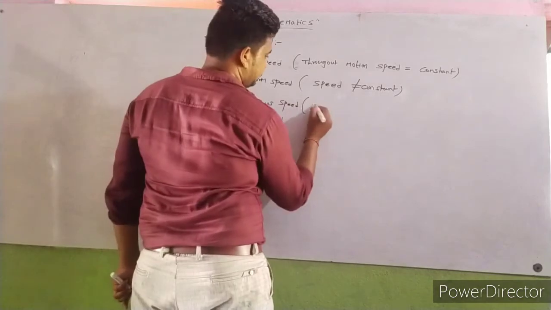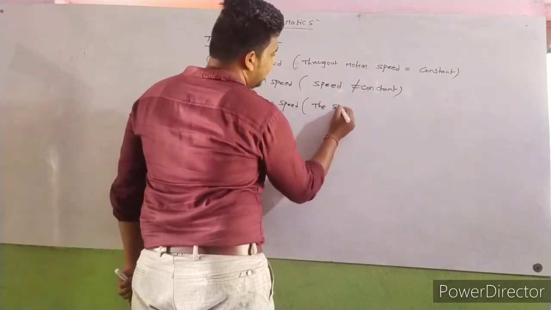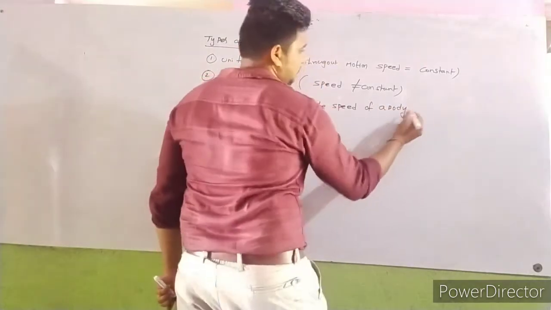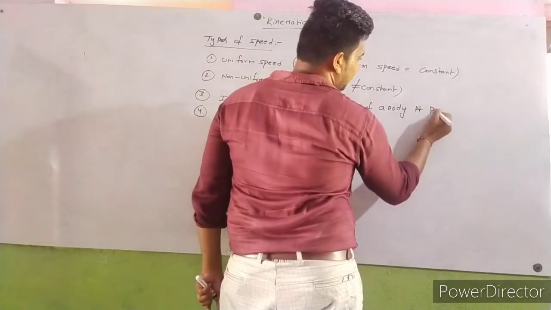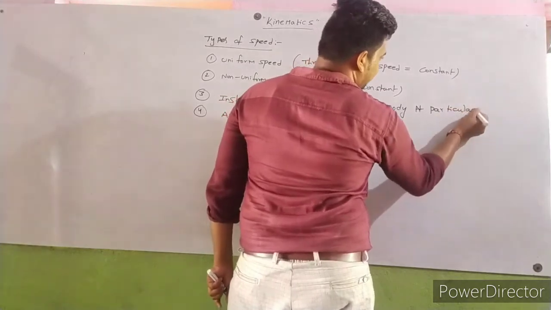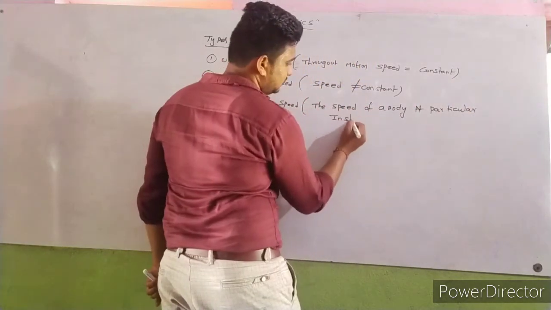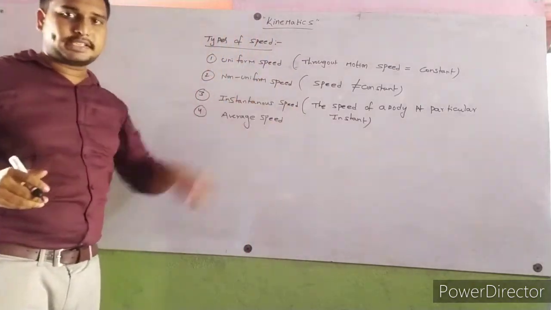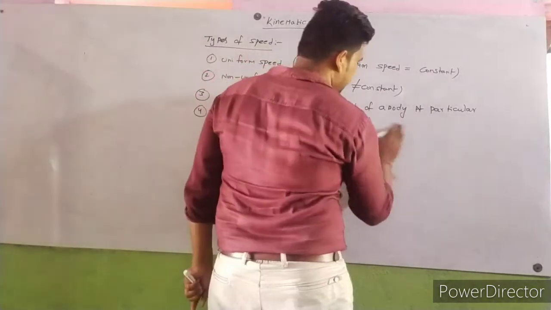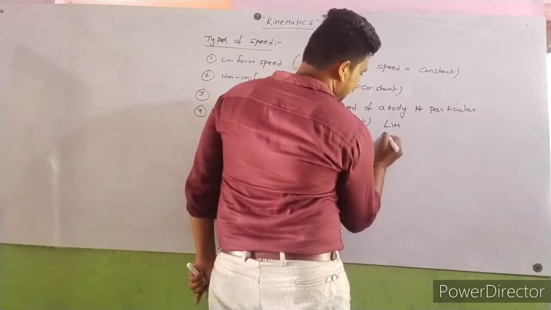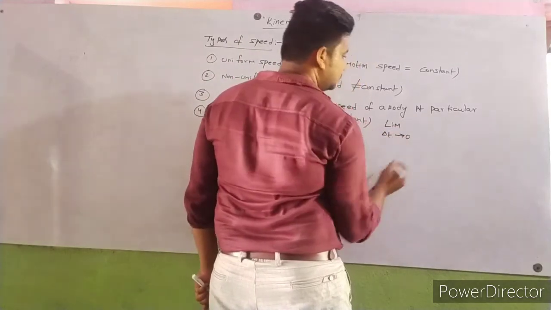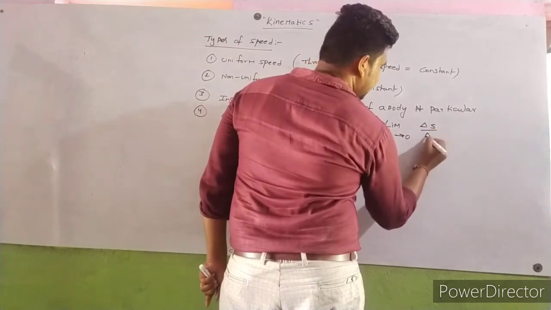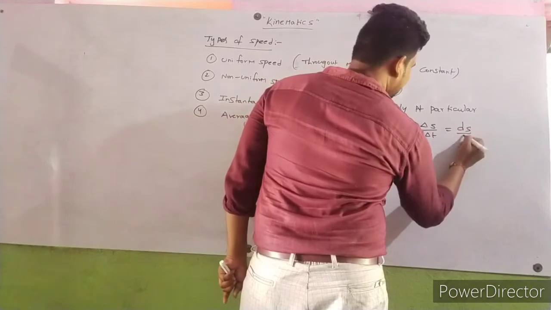Instantaneous speed: the speed of your body at a particular instant. Instantaneous speed means limit delta t tends to 0, delta s by delta t is equal to ds by dt.